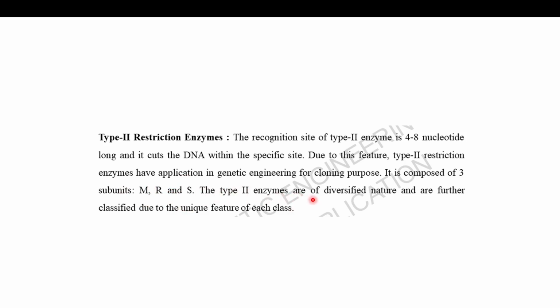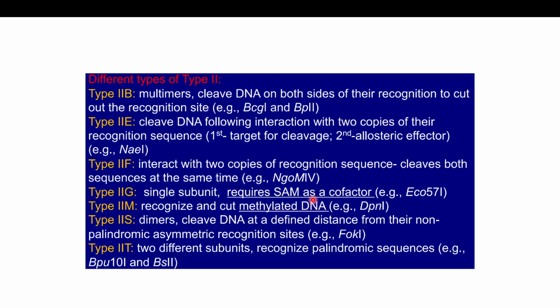The type 2 enzymes are again divided depending on the different features they have, like type 2B, type 2E, type 2F, G, M, S, T, and there are examples as well. This is from the previous session on restriction digestion and types of restriction enzymes.